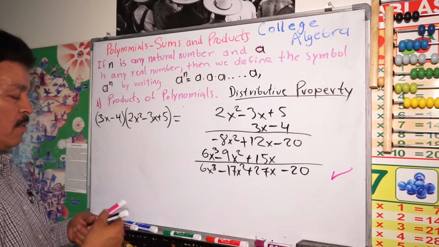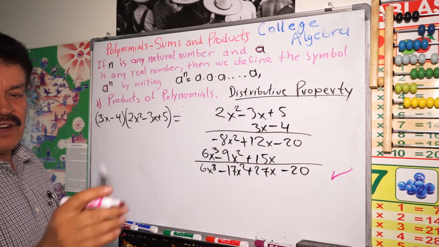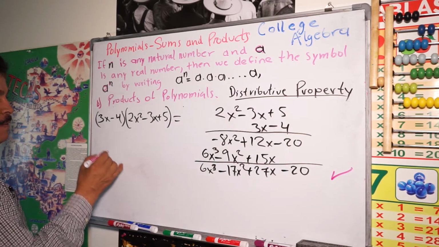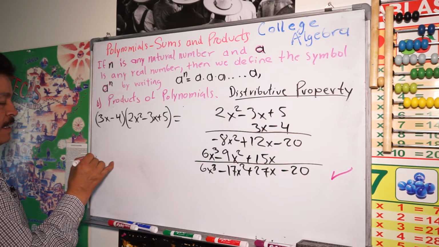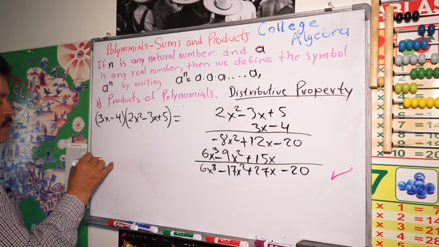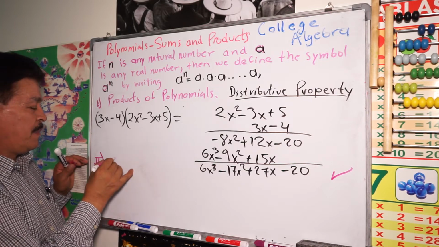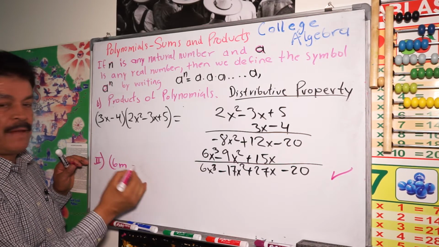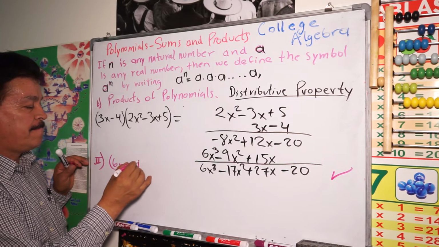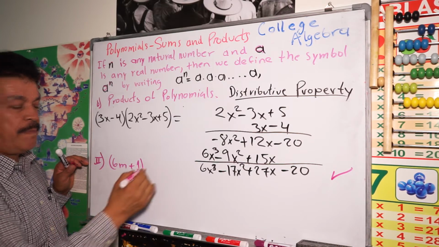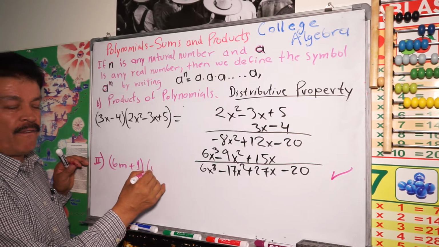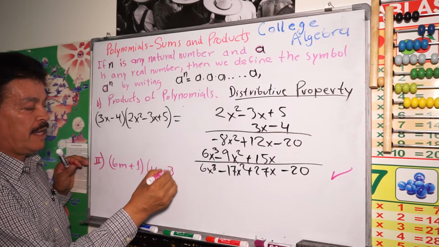Let's write another problem here. A different problem. Let's see the problem number 2. Let's write 6m plus 1 multiplied by 4m minus 3.